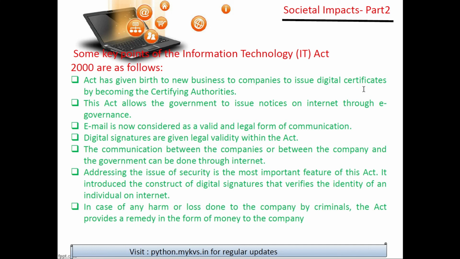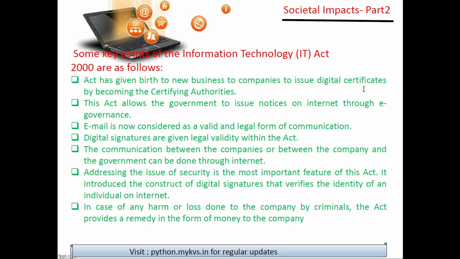Addressing the issue of security is the most important feature of this Act. It introduced the construct of digital signatures that verifies the identity of an individual on the internet. A person can be identified on the internet by his or her digital signature.